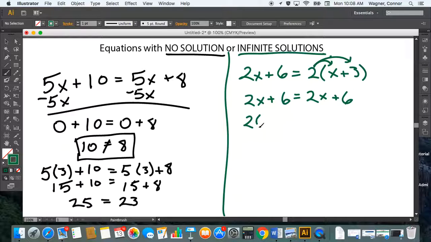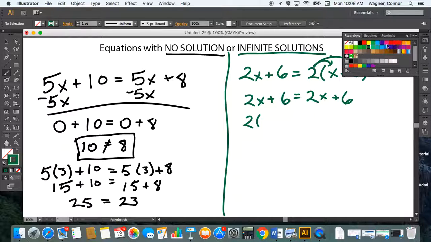Let's say 2 times, let's use 3 again. 2 times 3 plus 6 equals 2 times 3 plus 6.